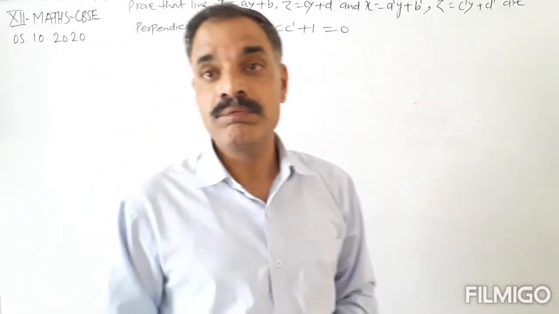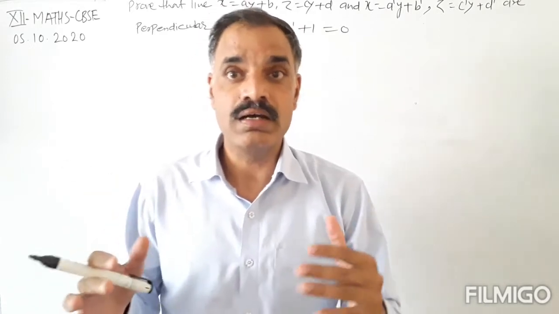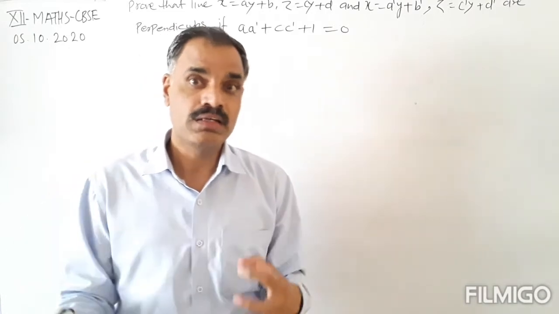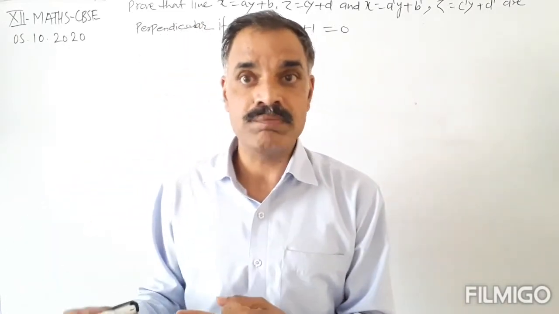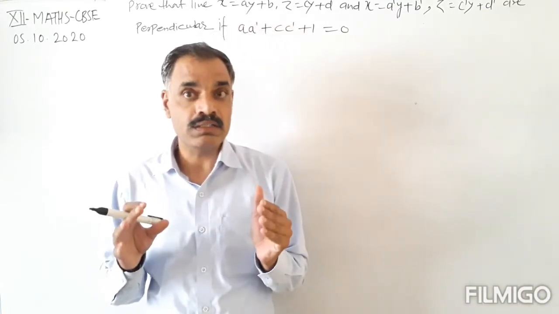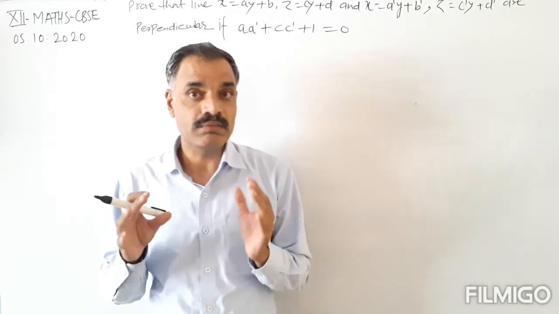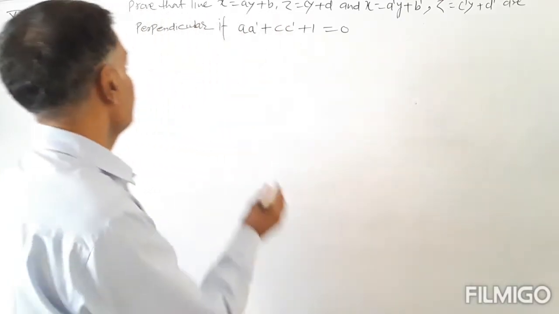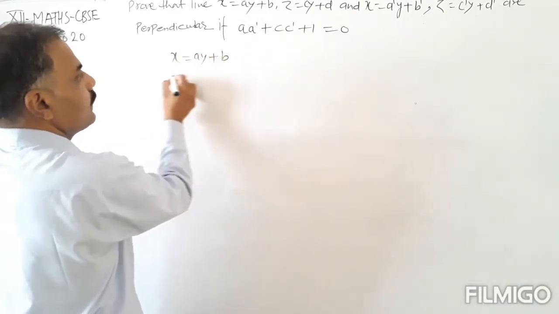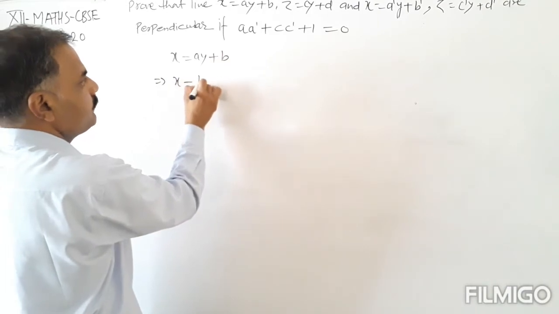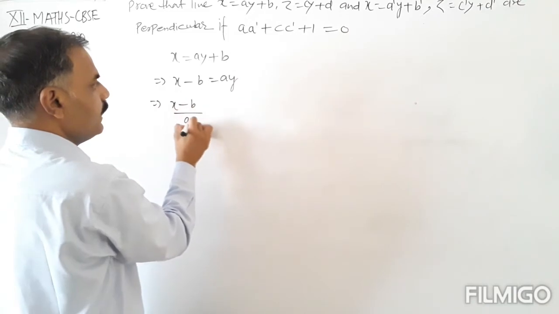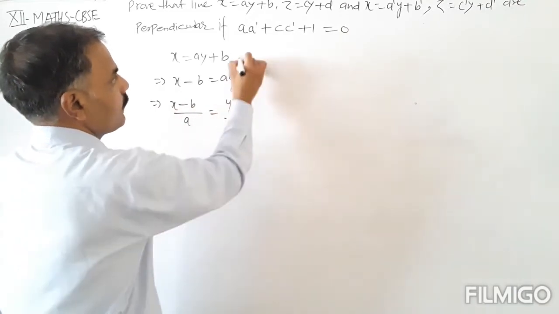So we will find the condition of perpendicularity of the two given lines, aa dash plus cc dash plus 1 equals 0. Firstly, we will convert the given equations into standard form. The given equation is x equals ay plus b, which can be written as x minus b equals ay, or x minus b upon a equals y upon 1.